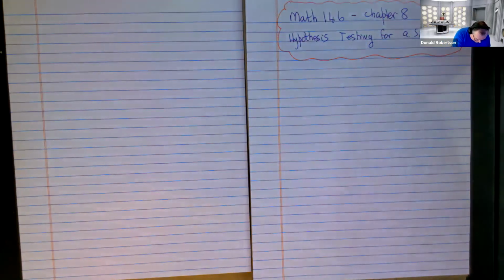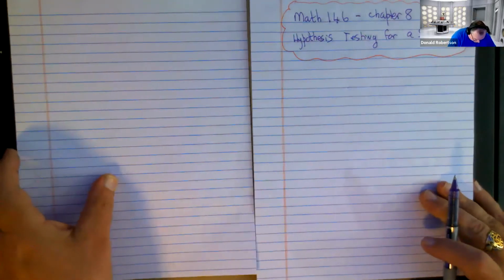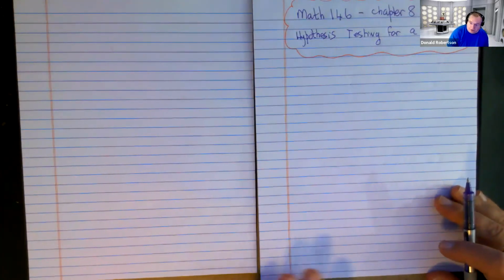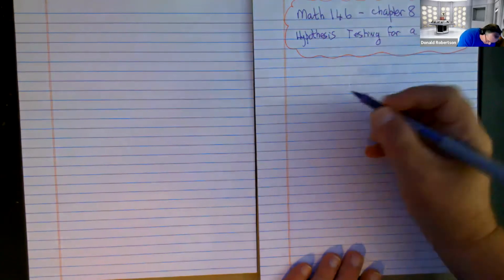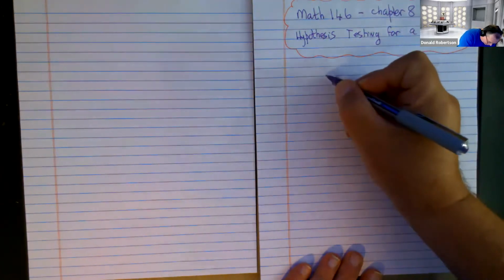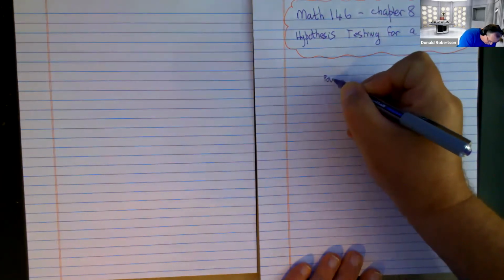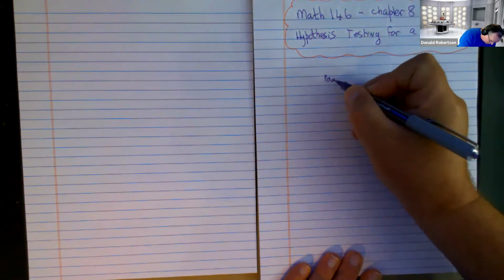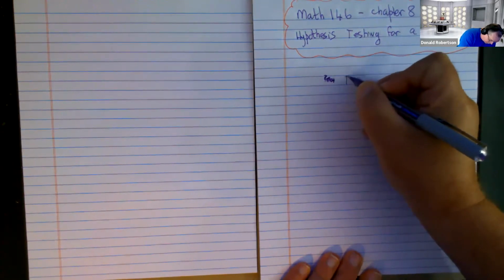So let's give you a little bit of background on how these ones differ in a number of ways from single proportions, and in other ways are very similar. So we're going to have one population.